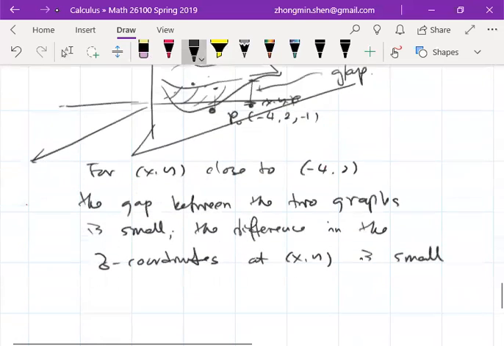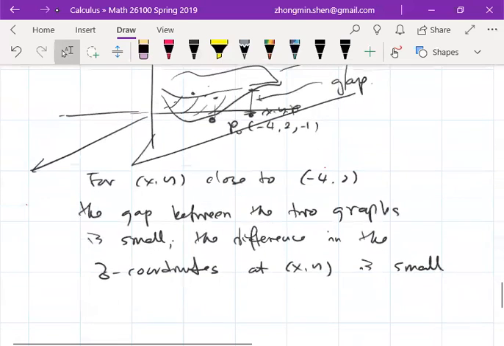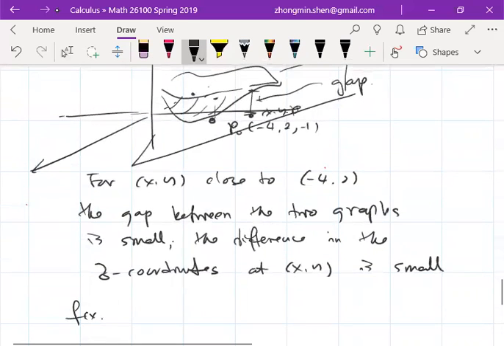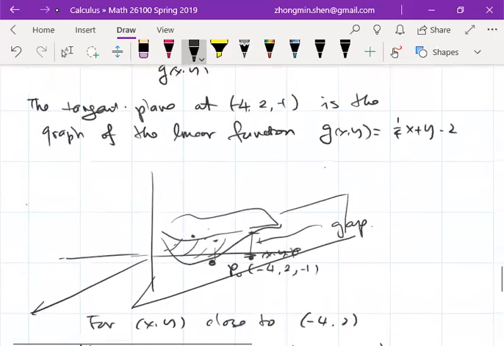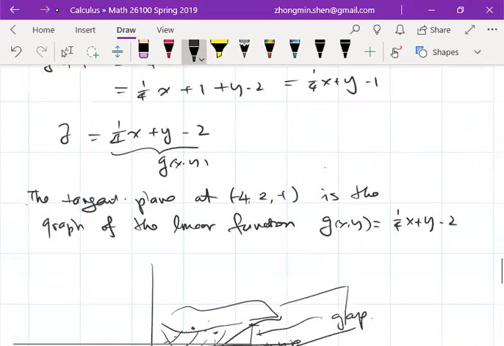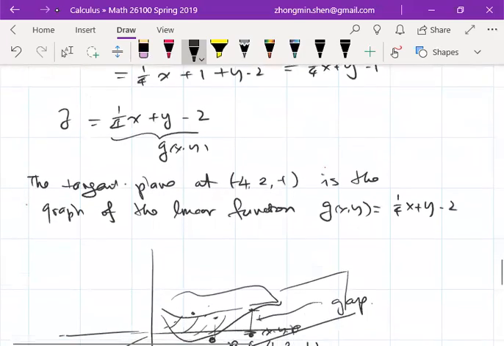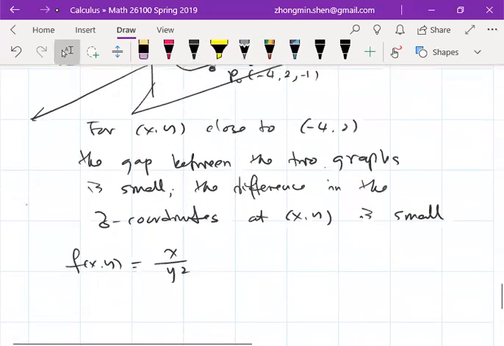If you look at the graph, this is a z coordinate, which is going to be x over y squared for x, y close to -4 and 2. But my other plane is the quarter of x plus y minus 2, which should be equal to g of x, y.